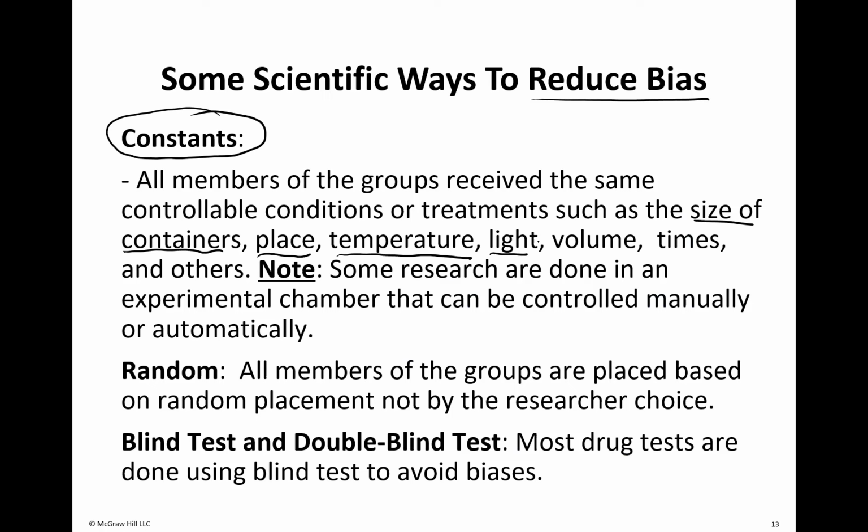The light, which is lightness or darkness, they have to be in the same condition. The volume, the time. If it is a 5-minute experiment, all the groups have to receive 5-minute experimentation, and other things. So this is what we call the constants.